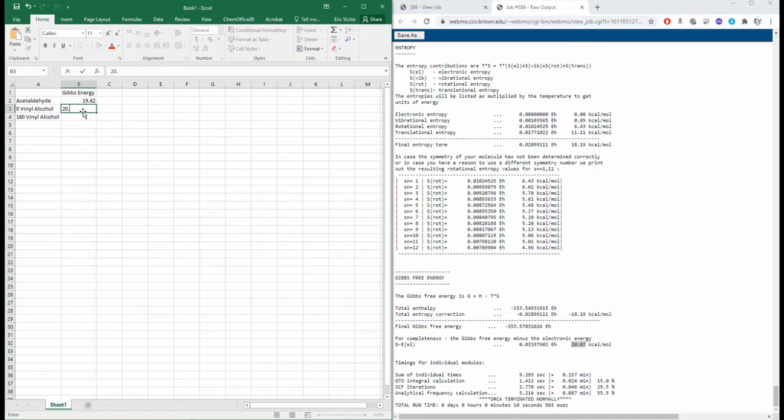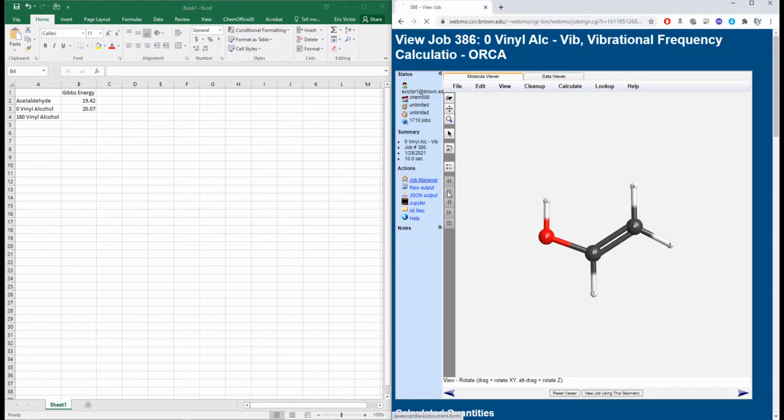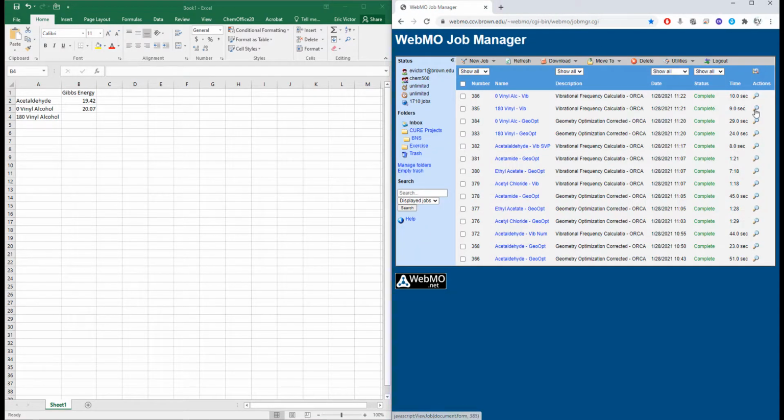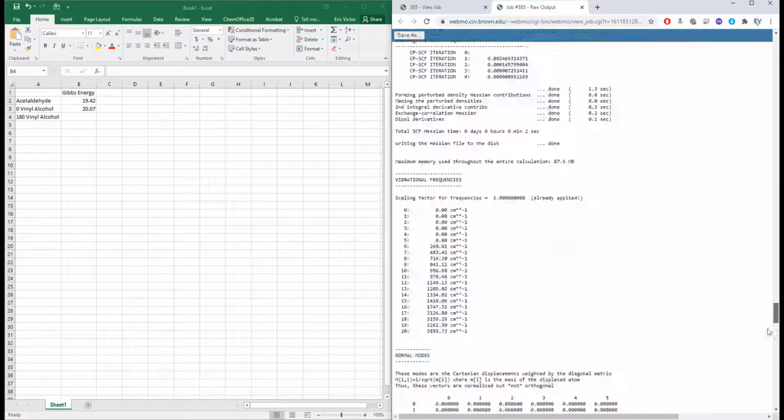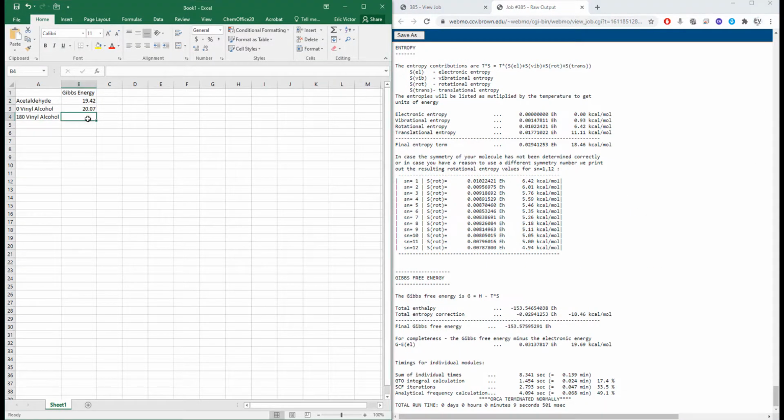So we plug that in here. Then finally, we look at the 180, go to raw output, scroll all the way to the bottom, and we get 19.69. These are all the different values in kilocalories per mole.